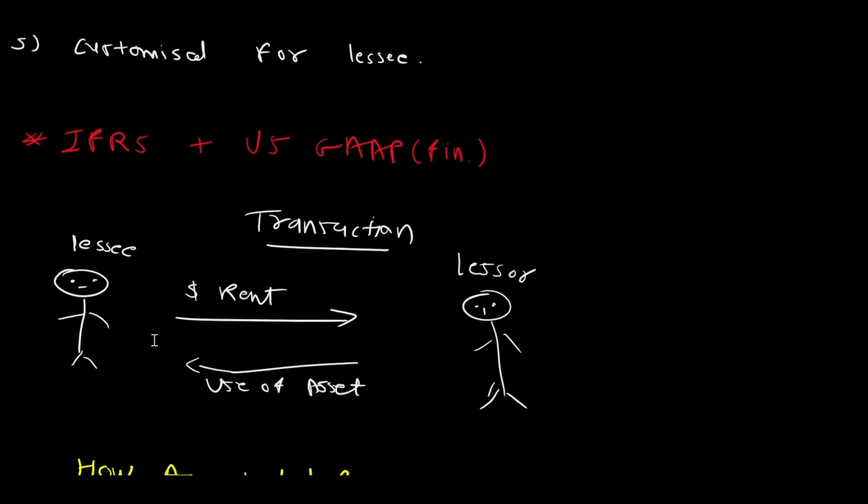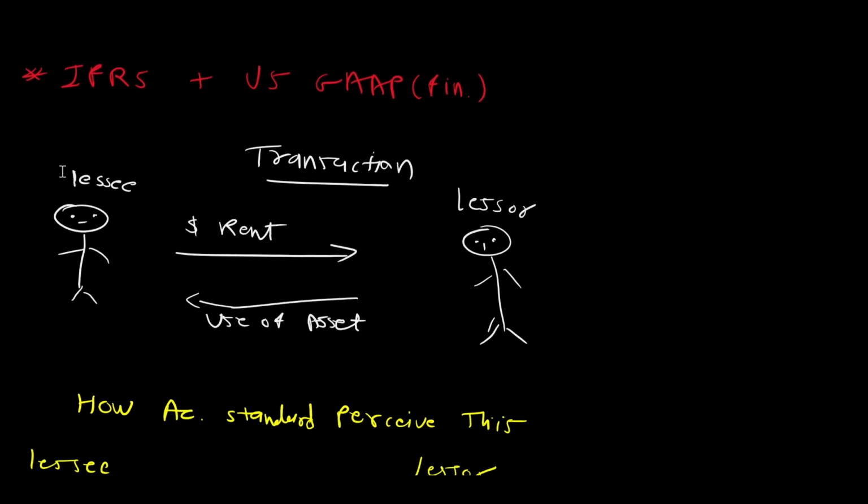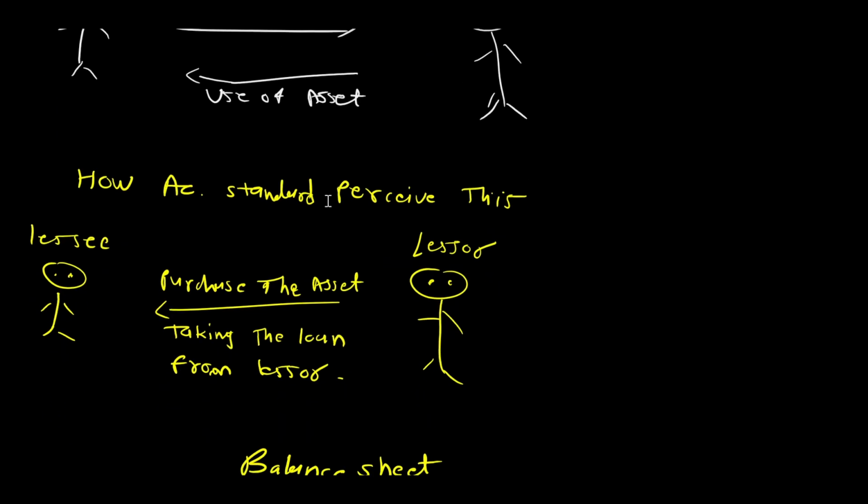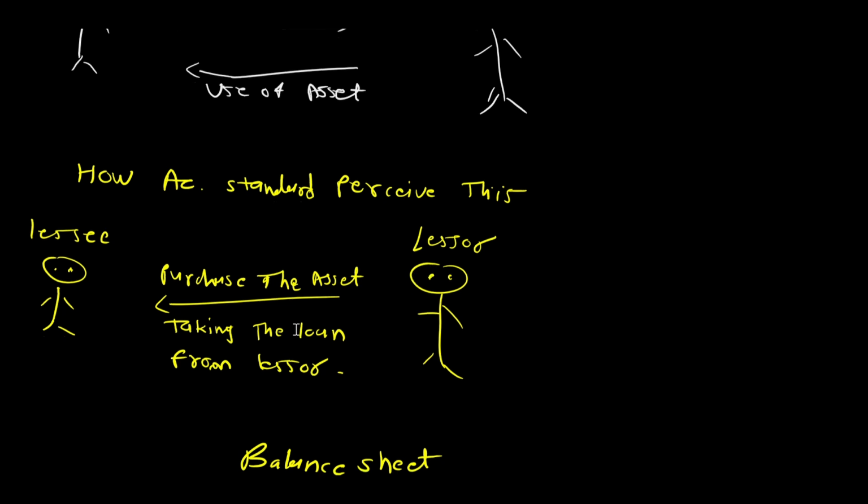Then let's understand the IFRS plus US GAAP finance lease. What does the transaction look like? There is a lessee and a lessor. The lessee pays rent to the lessor, and the lessor gives the right to use the asset to the lessee. But how the accounting standard perceives this is that the lessee is purchasing the asset from the lessor by taking a loan from the lessor.